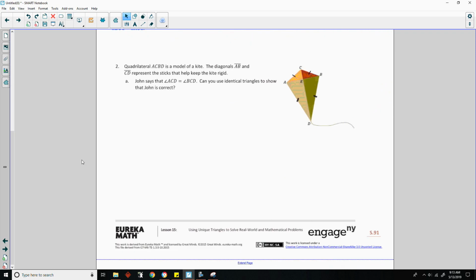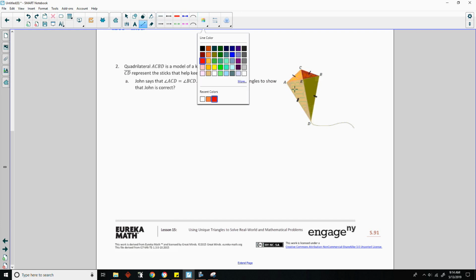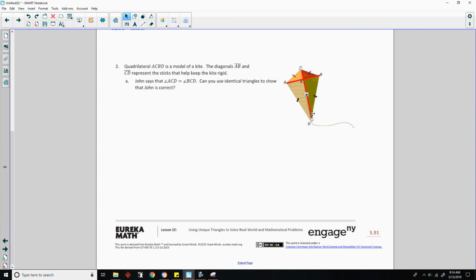quadrilateral ACBD is a model of a kite. The diagonals AB and CD represent the sticks that keep the kite rigid.